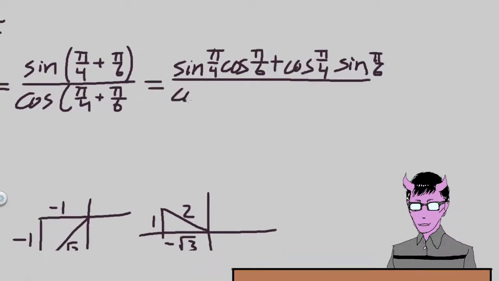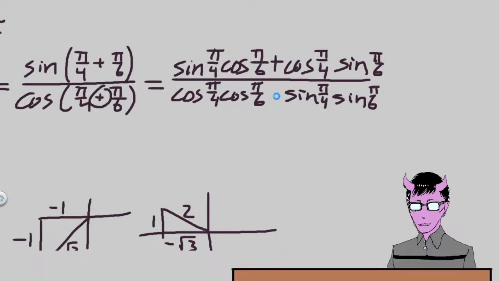Cosine expansion: cosine, cosine, sine, sine. And term number 1, term number 1, term number 2, term number 2. Don't keep the same sign because this is cosine right there. Okay.